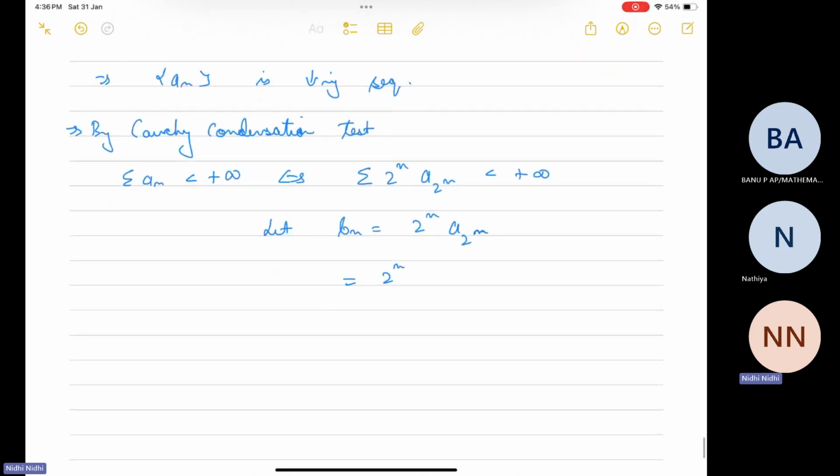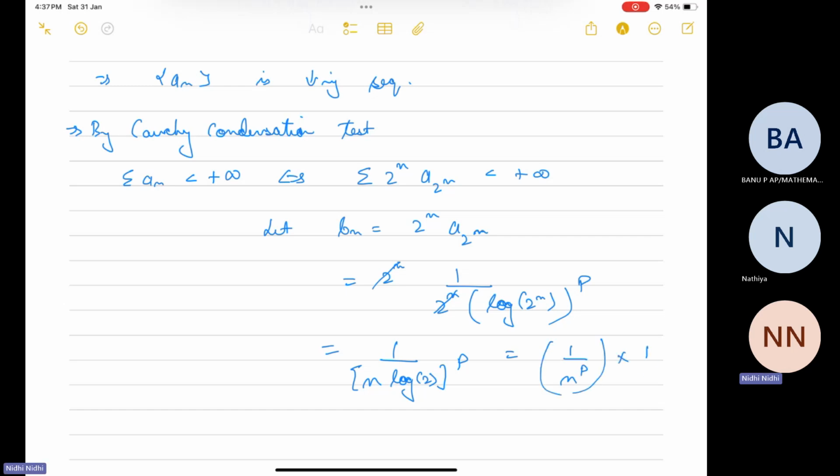So that will be 1 upon 2 to the power n times log 2 to the power n, to the power p, in which this 2 to the power n gets cancelled out. This will be 1 upon n log 2, just by the properties of log. This will be 1 by n to the power p times some constant. Log 2 is a constant real number. So log 2 to the power p.